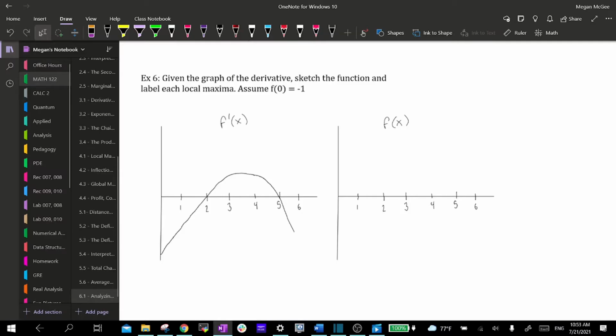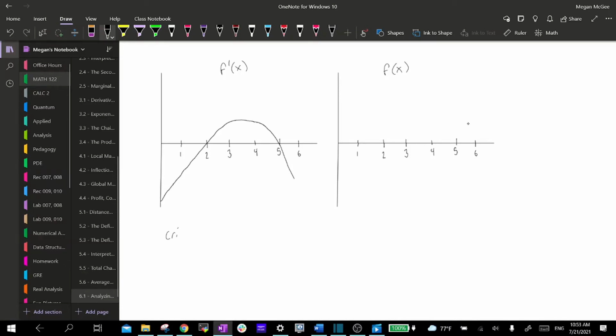So the first thing we want to find are our critical points, right? Our critical points are where our derivative is 0. So our derivative is 0 at 2 and at 5. So x is equal to 2 and x is equal to 5.